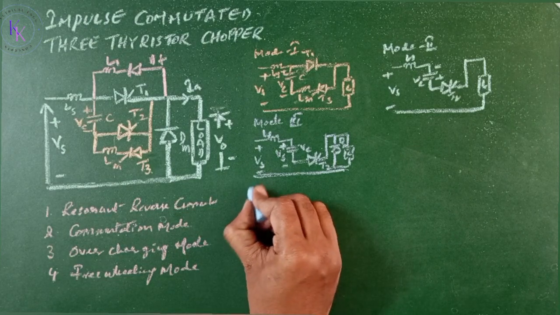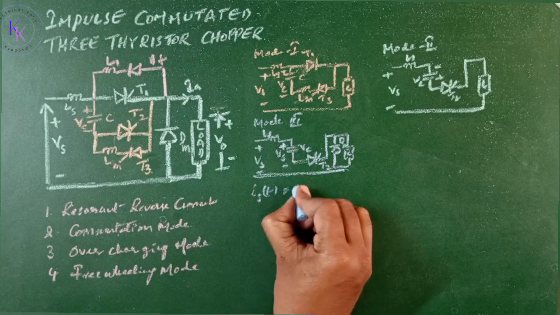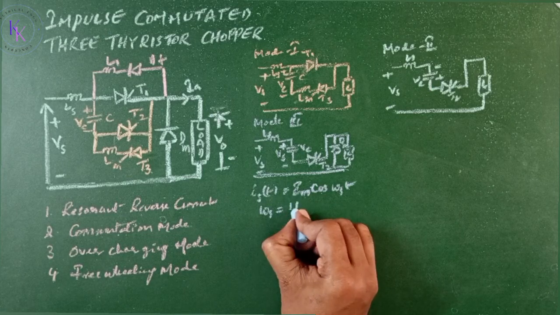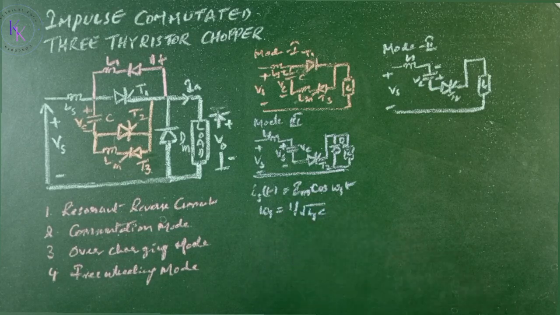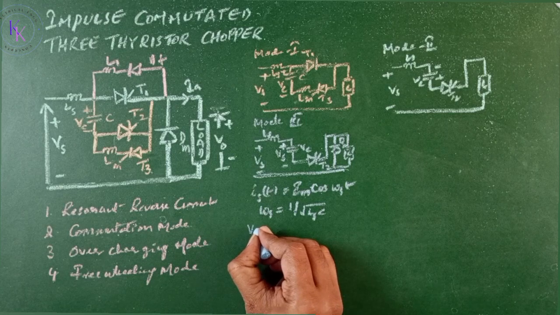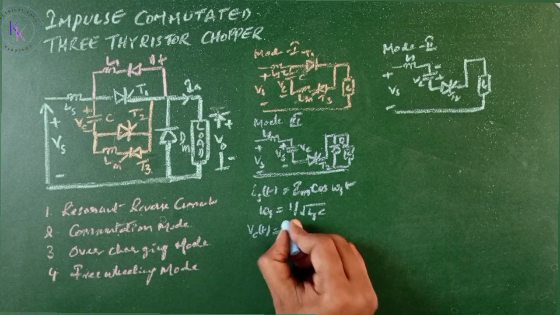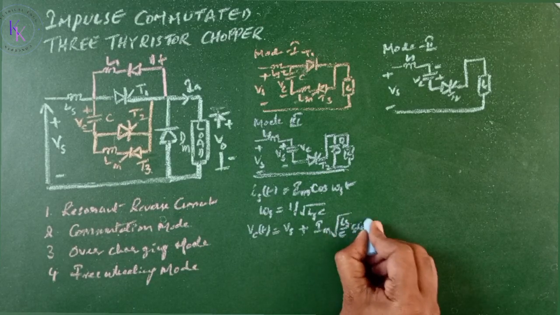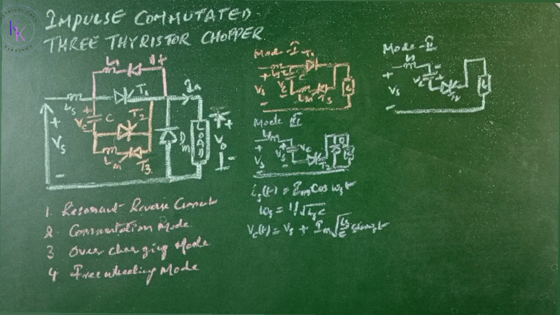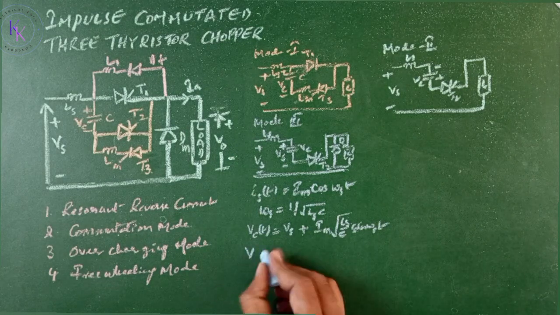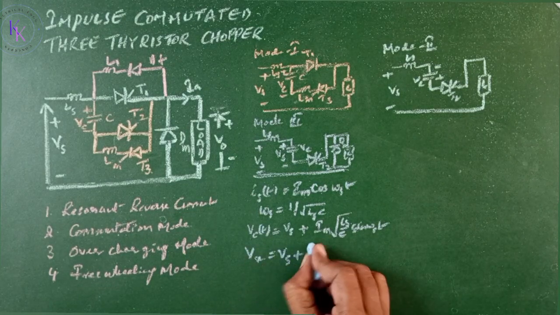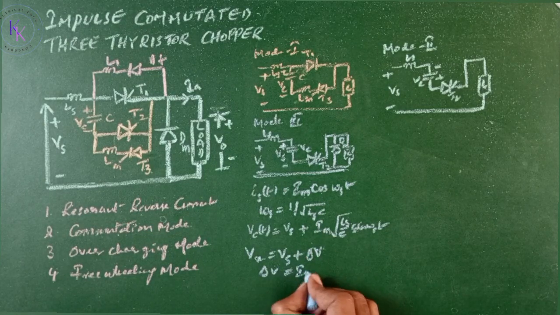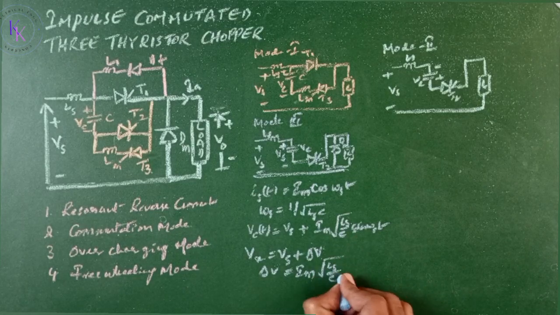The current in this mode is Is of t equals Im cos omega s of t, where omega s equals 1 by square root of Ls C. Now the instantaneous voltage Vc of t equals Vs plus Im square root of Ls by C sine omega s t. As the overcharging current becomes 0, the capacitor voltage reaches Vx, which equals Vs plus delta V. That delta V, the overvoltage, is given by Im square root of Ls by C.